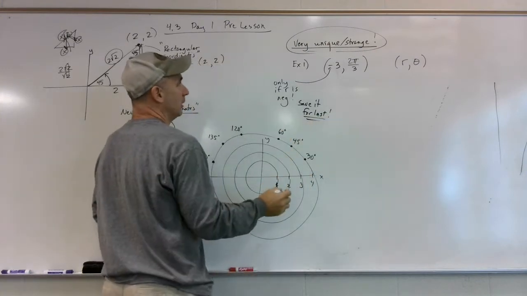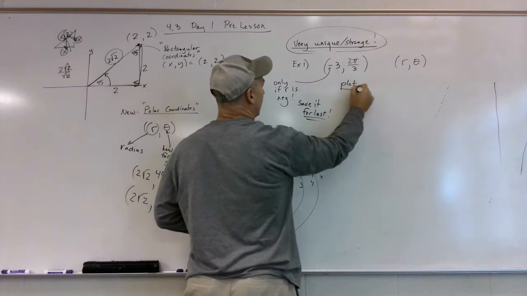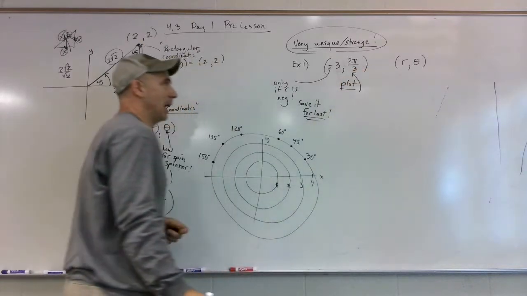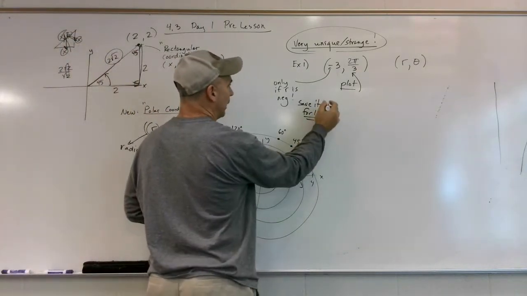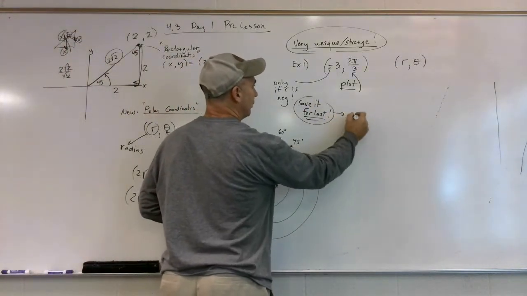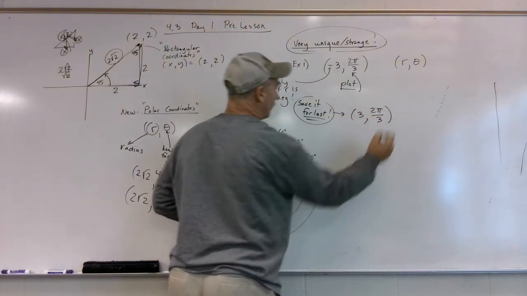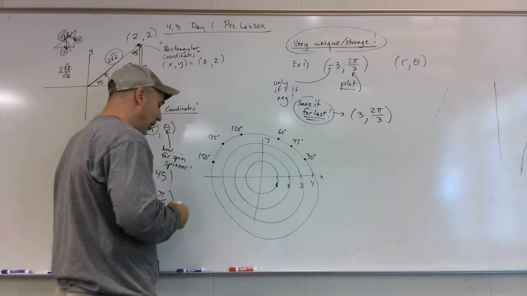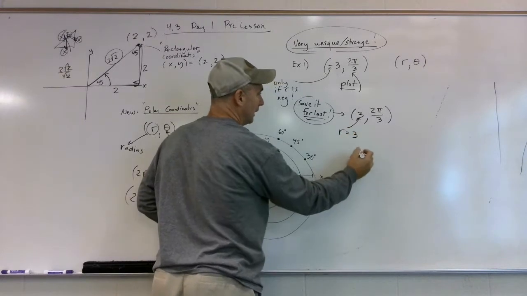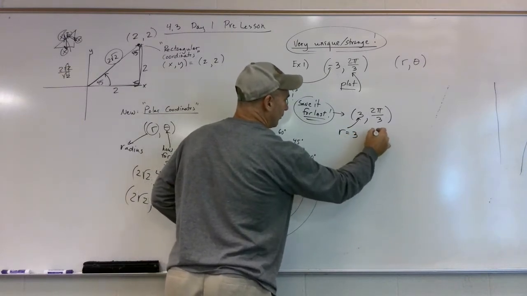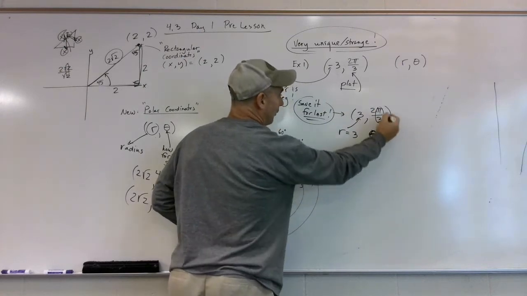Don't forget it. So what we're simply trying to do is plot the point -3 comma 2 pi over 3. If you ignore the negative and save it for last, that helps us understand that our radius is 3, and it's going to be 2 pi over 3, which, by the way, what's pi over 3? 60.